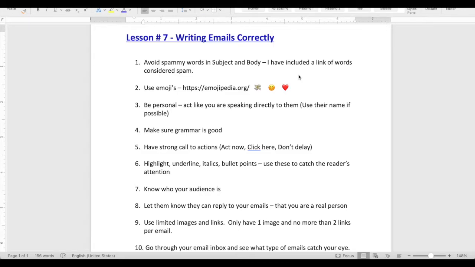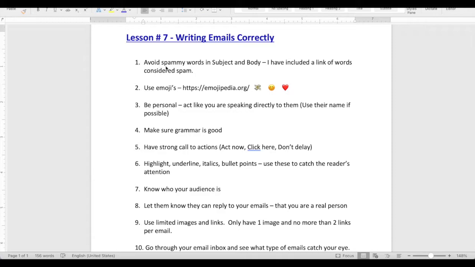Just words that, I guess, get people to click, but they really don't have anything to do with the email. So again, you want to look at those. You want to work on not using those, and if you have to use them, put them in phrases or sentences that will not look spammy, basically.